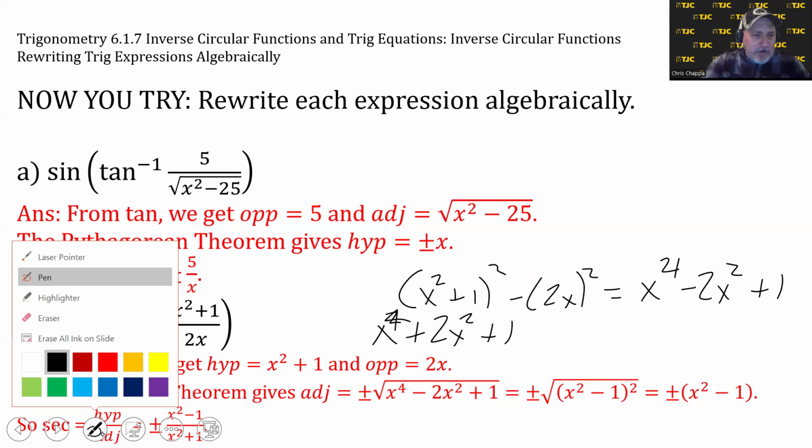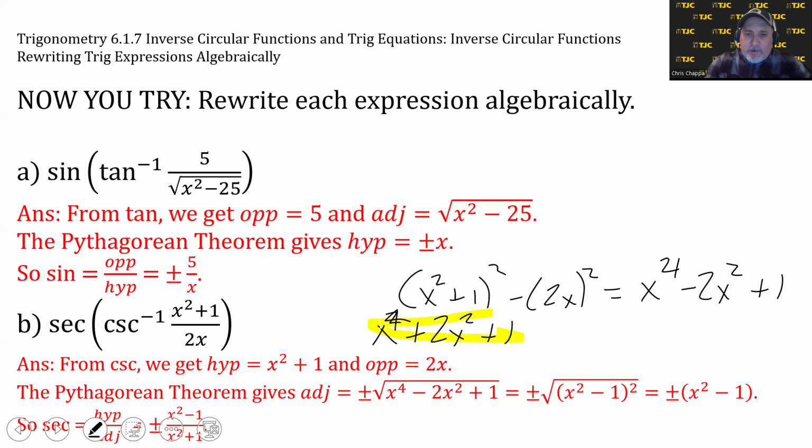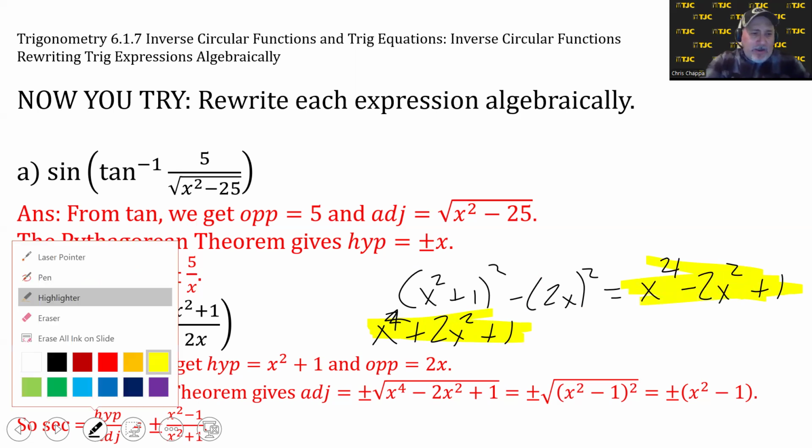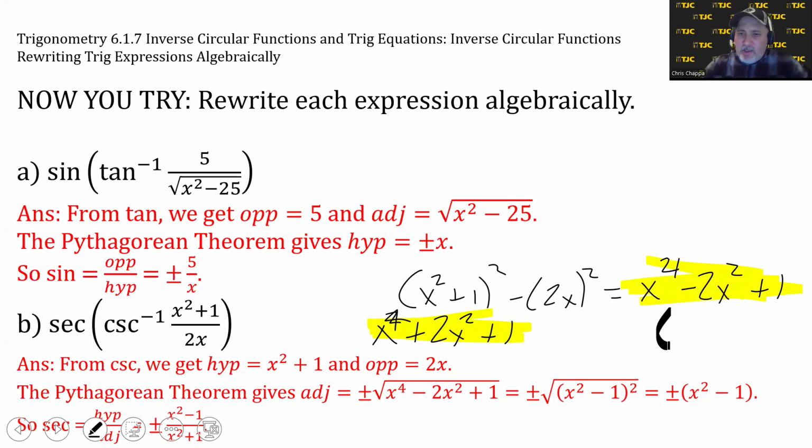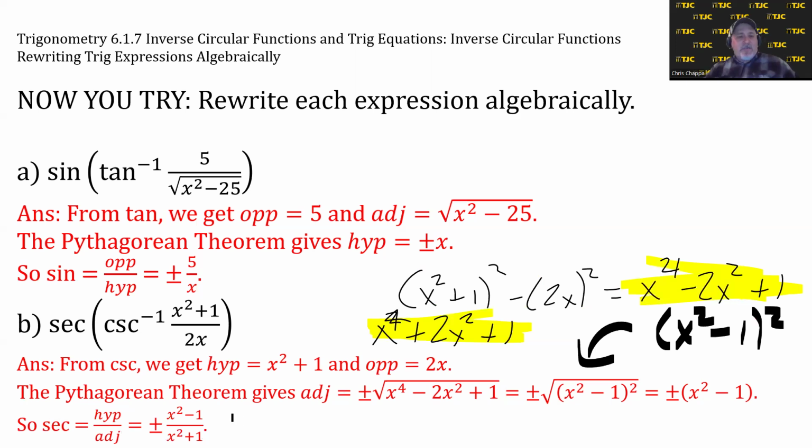Hopefully, after squaring the first binomial and getting that, and when you saw this one, you were thinking, wait a minute, is that a perfect square also? It was. It was x squared minus 1 squared, which, of course, being under a square root cancels, giving us the best looking answer that you see here.